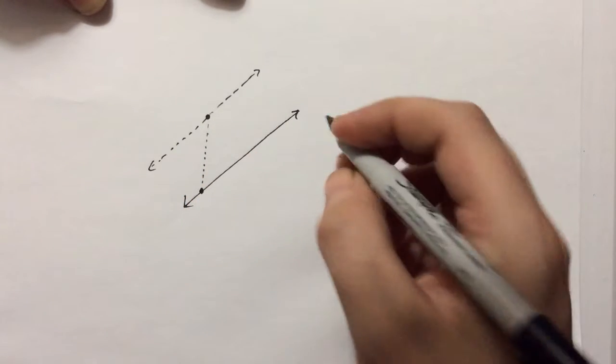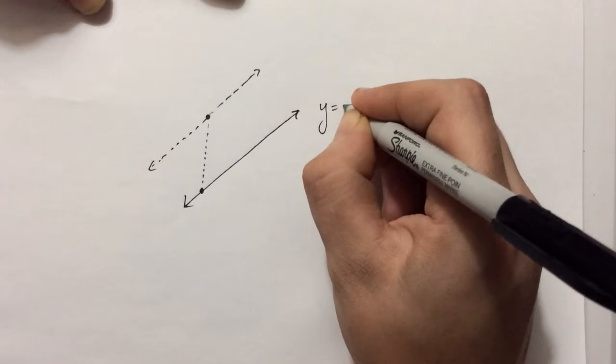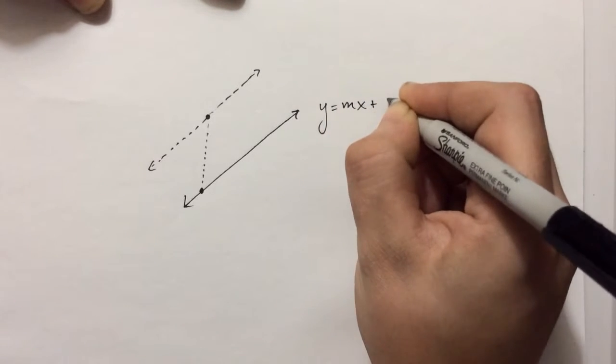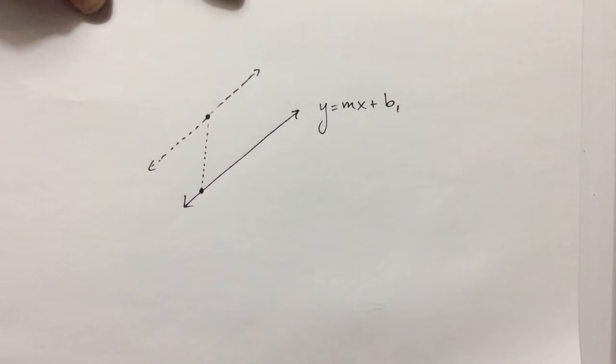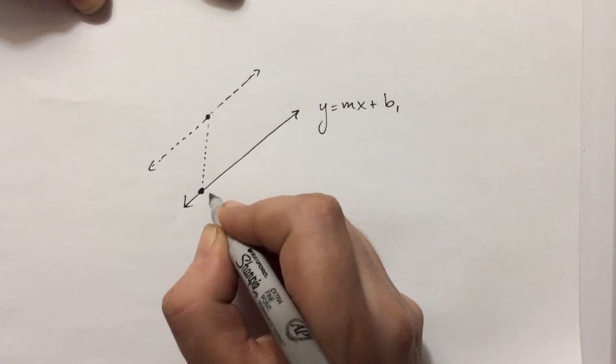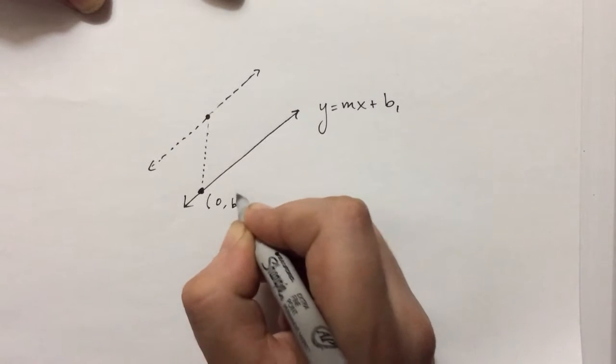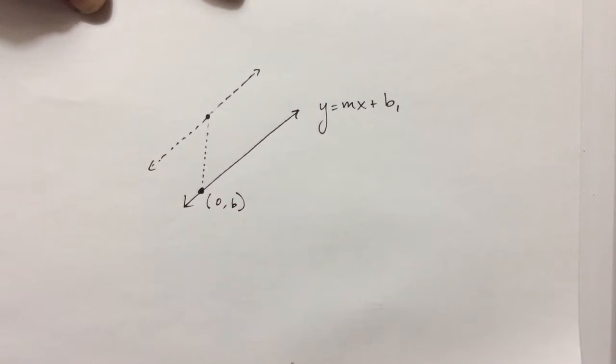So suppose we have a line that looks like y equals mx plus b1, let's say. So we've got y equals mx plus b1, and let's identify this point here as the point (0, b), which is the y-intercept of the first line.